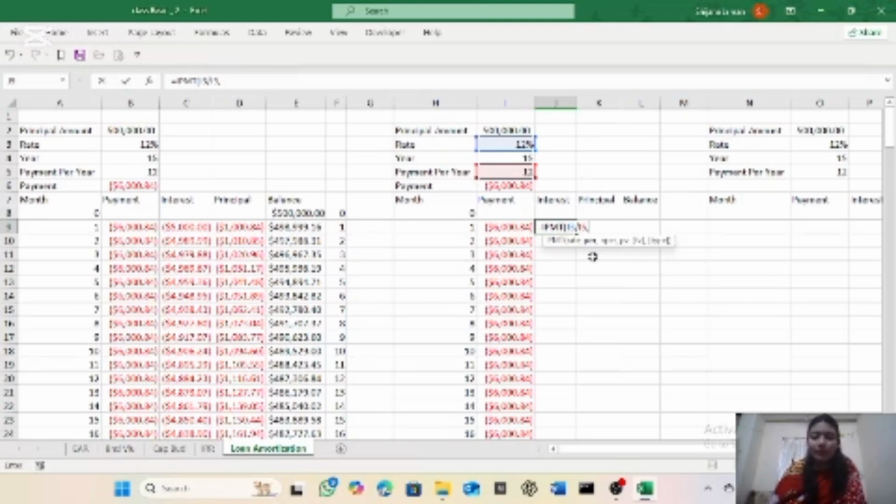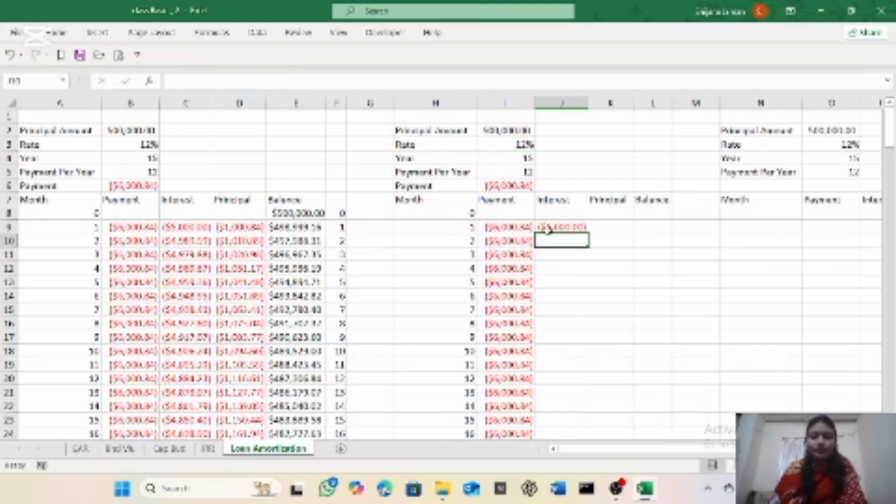So our period would be 1, comma NPER means year into payment per year. Present value means principal amount. Future value, there is no future value, so future value is 0, comma type is end of the month, bracket close, enter. Yeah, this is our interest.